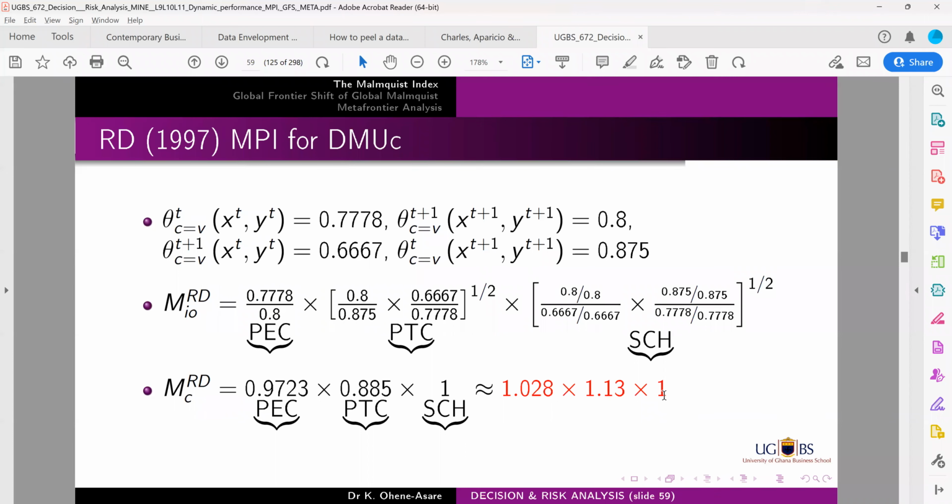But in another simple example I've done, you will notice that that's not the case. You can have different scores because the VRS scores are not the same as the CRS scores. But in this very example, they are the same. So when you take the reciprocal, you'll get this.